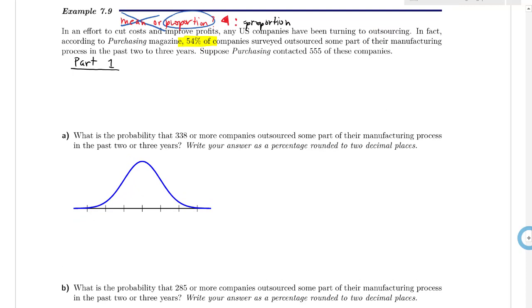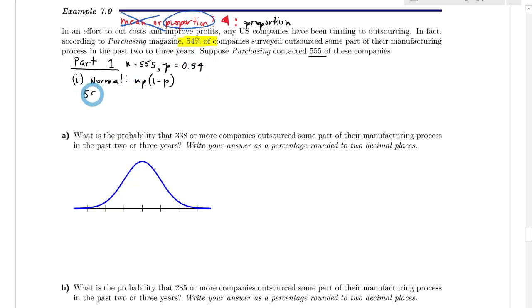Okay, so part 1 says, the 1i in part 1 asks about normal, right? np times 1 minus p. Well, I can see that n is going to be equal to 555, right? And then p is equal to 0.54 from the 54%.